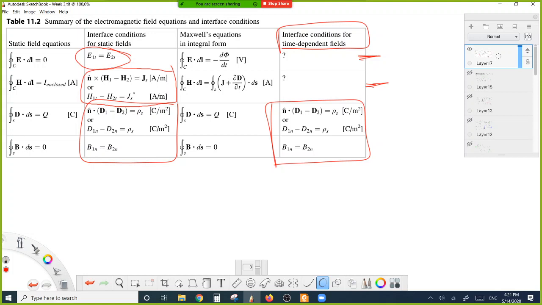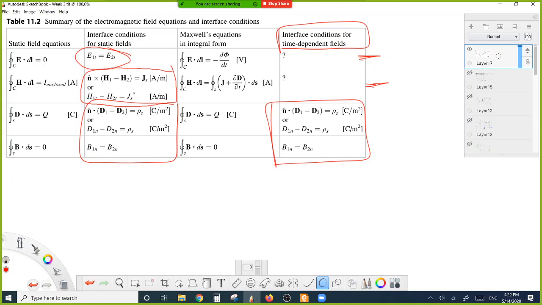There are several rules for how to derive the boundary conditions. First of all, two general materials are assumed to be in contact, forming an interface.